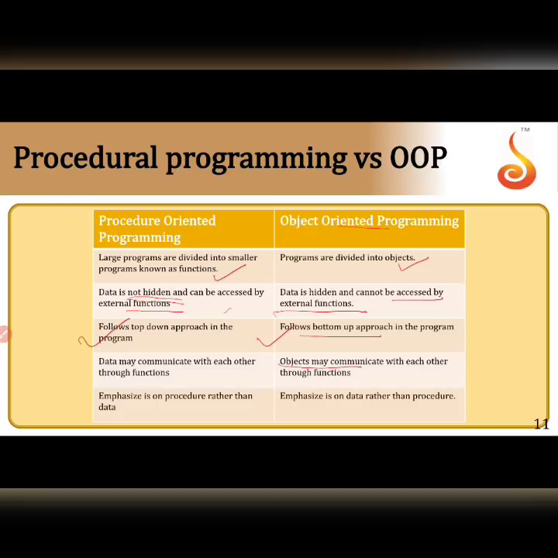Then emphasis is on the procedure or the function rather than the data. Here the emphasis is on the data rather than the procedure. So these are some of the differences between procedural programming and the object oriented programming. Please have a look.